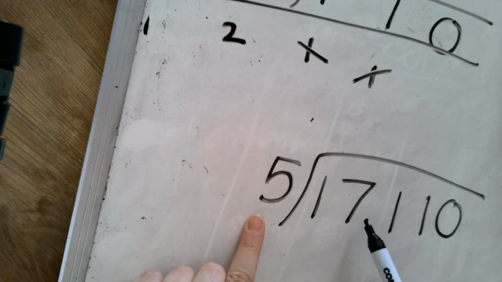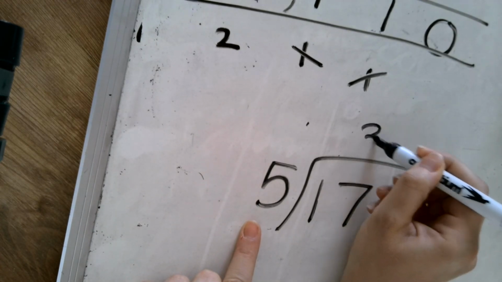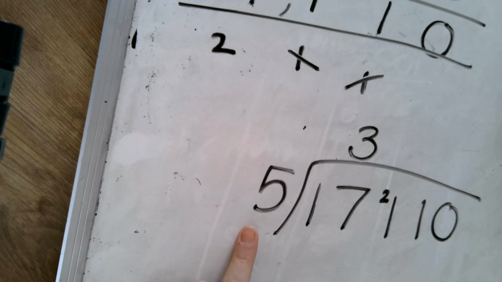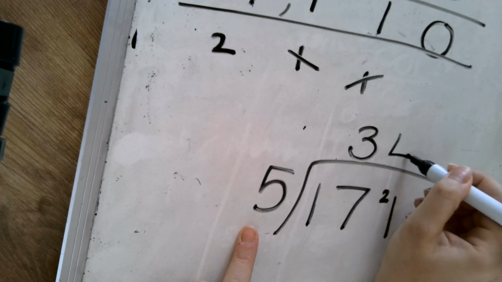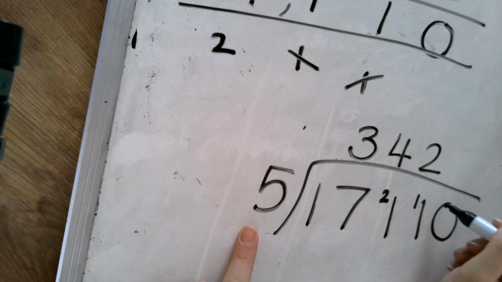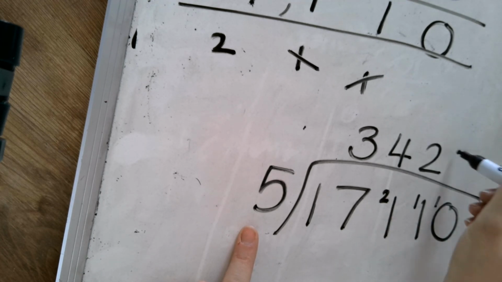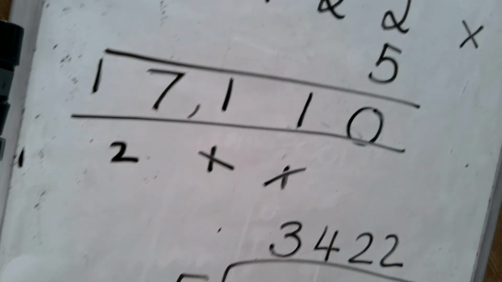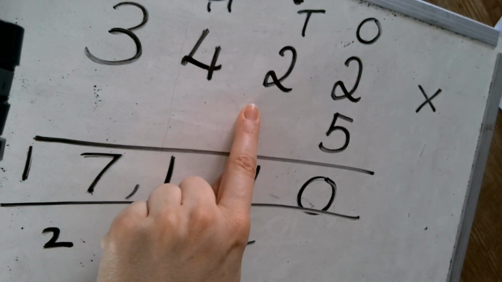How many 5s go into 17? 3. 2 remainder. How many 5s go into 21? 4. Remainder 1. How many 5s go into 11? 2. Remainder 1. How many 5s can go into 10? 2. My answer is 3,422, which means I am correct.